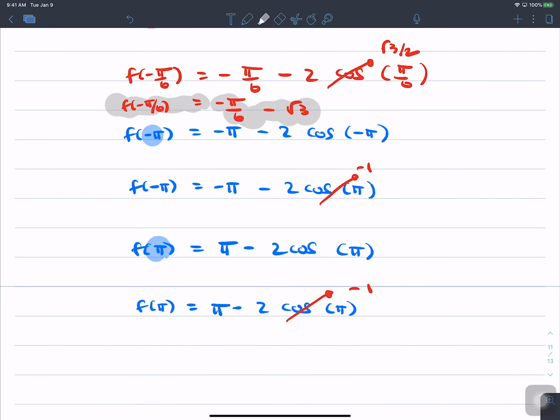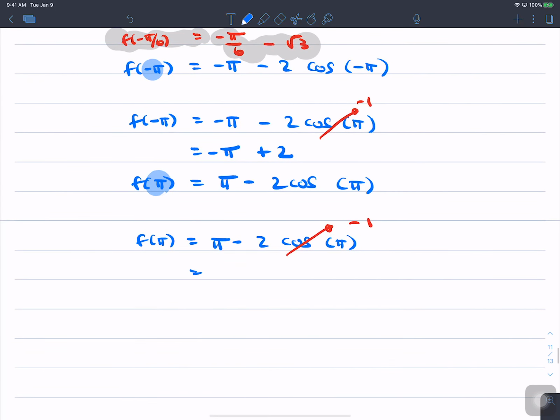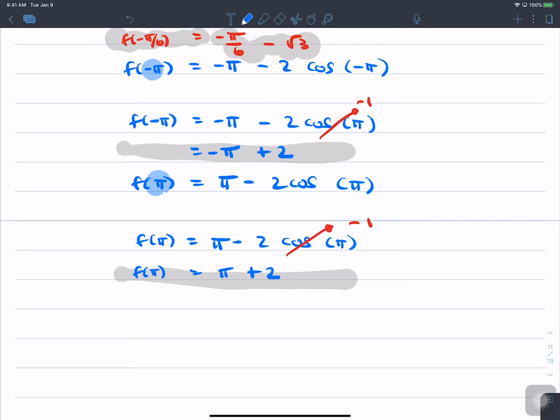And here, f of pi, where are we at? Oh, okay. Negative pi plus 2. And this is positive pi plus 2. So here's my f of pi. So we need to find all of these values and the maximum and minimum of such values.